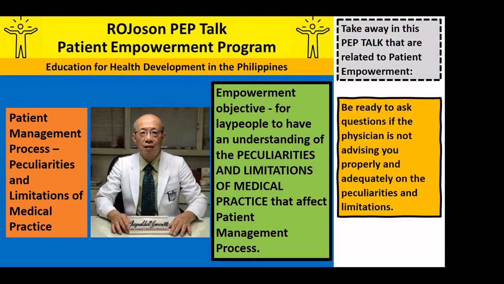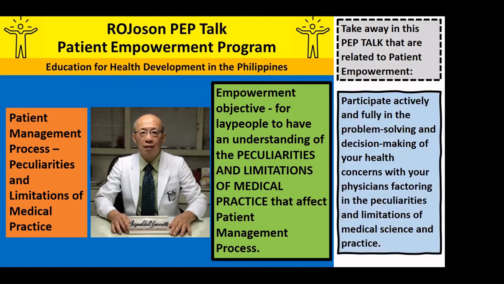Be ready to ask questions if the physician is not advising you properly and adequately on the peculiarities and limitations. Participate actively and fully in the problem solving and decision making of your health concern with your physicians, factoring in the peculiarities and limitations of medical science and practice.